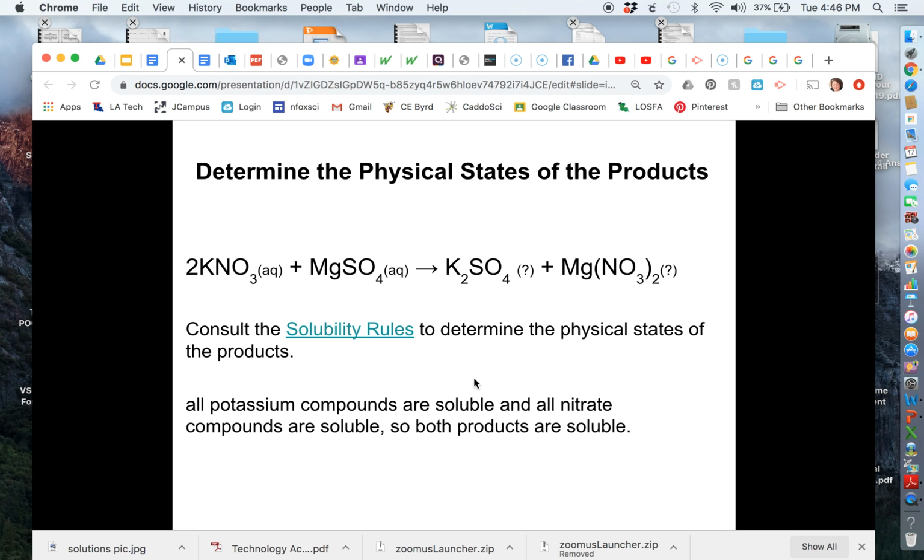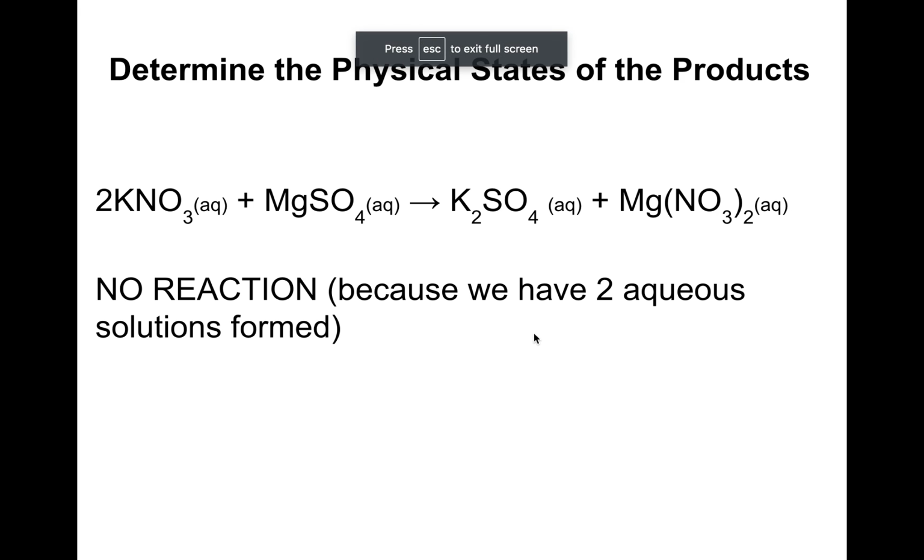Once you've determined that they're both soluble, then you know right off that the reaction did not occur if you did not get a precipitate. Or if you get bubbles, a reaction occurred, but you might not get a precipitate. Those are usually acid-base reactions, which work kind of like a double replacement reaction. But this one does not include an acid and a base, and we did not get a solid product, so no reaction occurred.